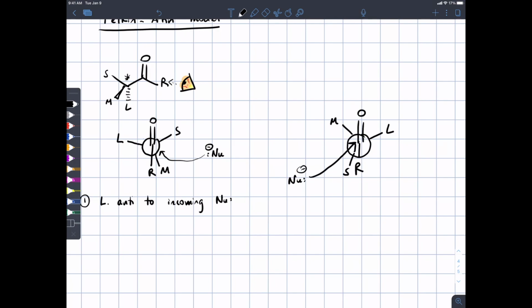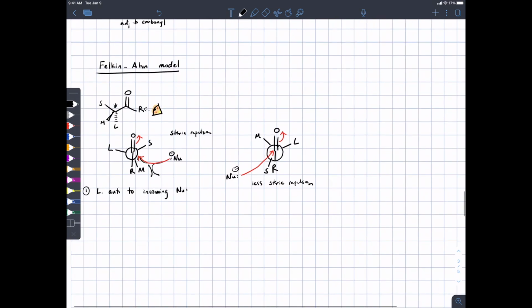And remember, the Bürgi-Dunitz trajectory, is the nucleophile going to have to pass the small group or the large group? And it's actually going to be more favorable for the nucleophile to pass the small group. There's going to be some steric repulsion there, but much less steric repulsion if we approach from the other side.